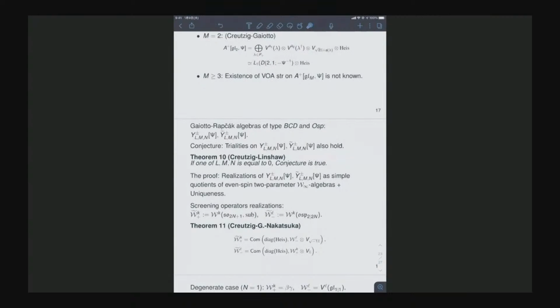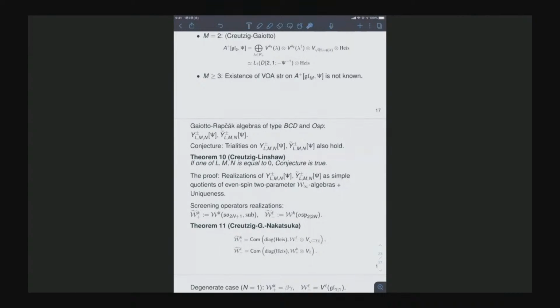And surprisingly, including Creutzig–Gaiotto, if one of L, M, N is equal to 0, this conjecture is still true. And the proof is similar, essentially: they realize these Y plus minus and Y tilde plus minus algebras as simple quotients of the even spin two-parameter W-infinity algebra.